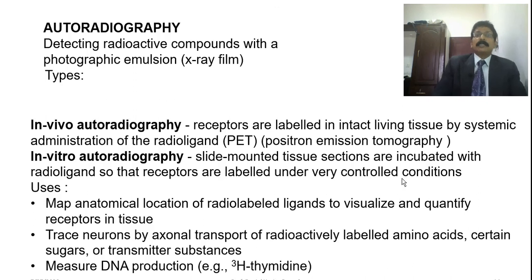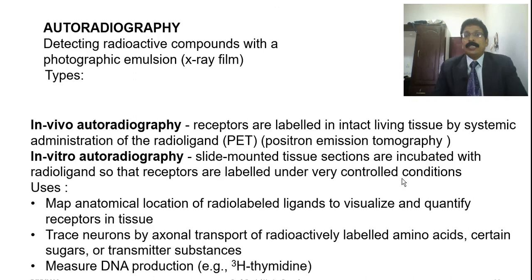Receptors are labeled in intact living tissue by systemic administration of a radioligand, that is positron emission tomography. In vitro autoradiography means outside, after isolating the cell and tissue, it can be done in the laboratory.